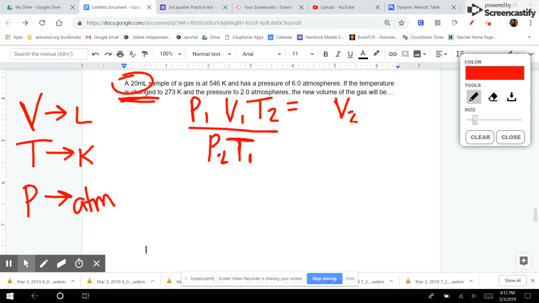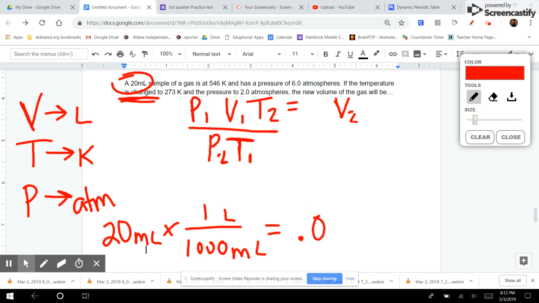So I do that by doing 20 milliliters to convert it, 1,000 milliliters to 1 liter. That equals 0.02 liters.